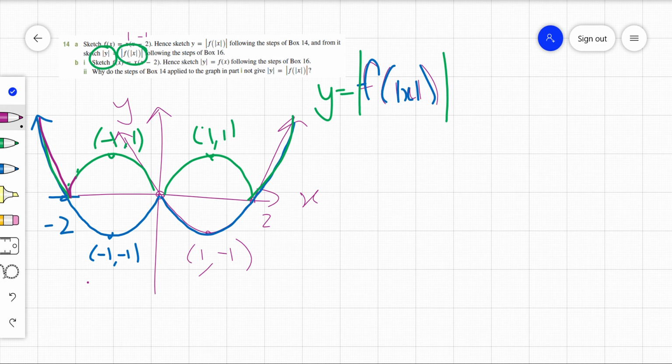But here we've got no negative parts, nothing under the x-axis, so we take that and reflect it. I need to almost do it upside down. So I've got that part, that part, that part, and upside down, I've got that part here. So it's going to look like the googly glasses for that one.